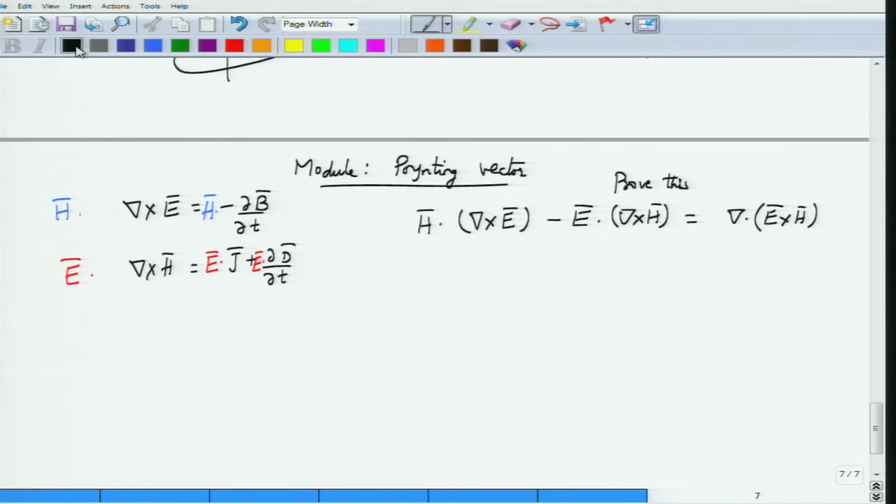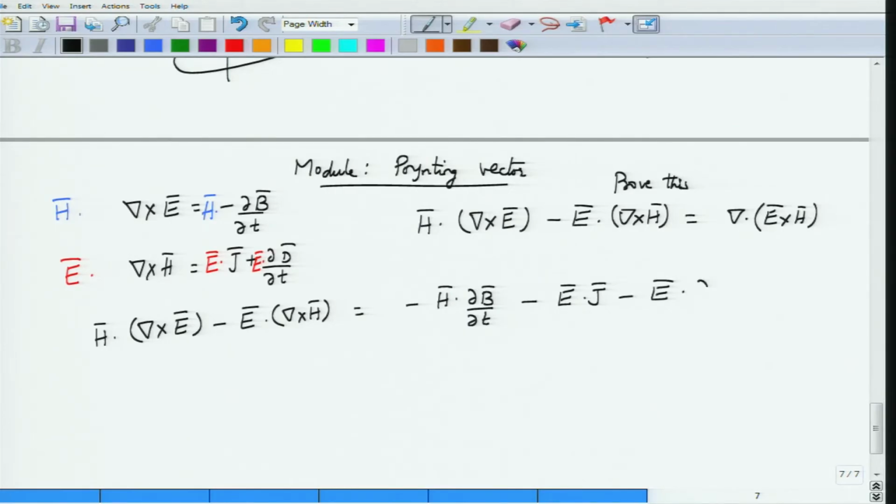So when I do that, the left hand side will be H dot del cross E minus E dot del cross H, which will be equal to minus H dot del B by del t. I have moved the minus sign outside of the dot product. Minus E dot J, because I have dotted the second expression with E, and then minus E dot del D by del t.